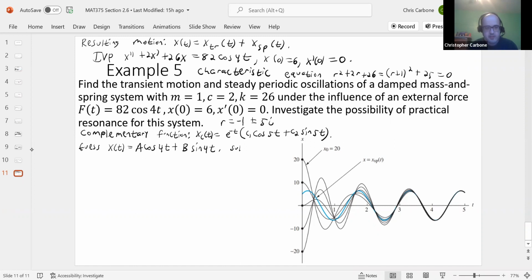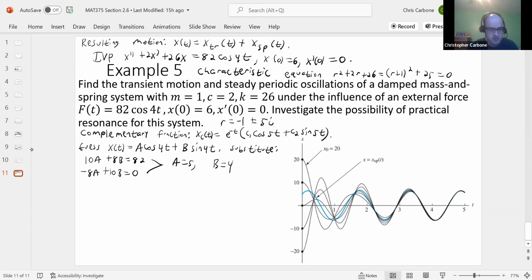If we substitute this into the differential equation with our various forms in here, we would get 10a plus 8b is equal to 82 and negative 8a plus 10b is equal to 0. From these, a is 5, b is 4.